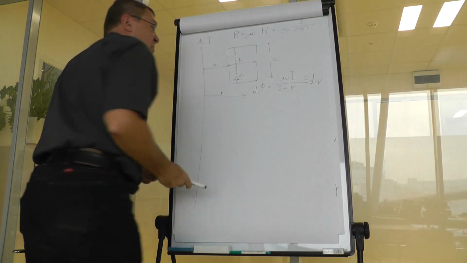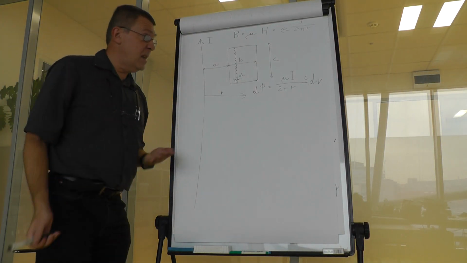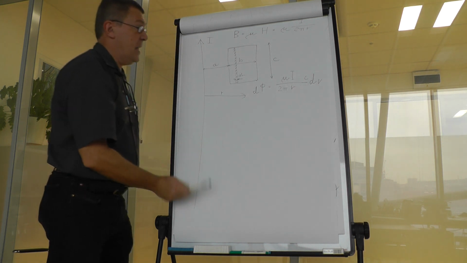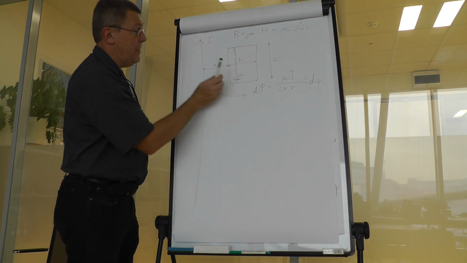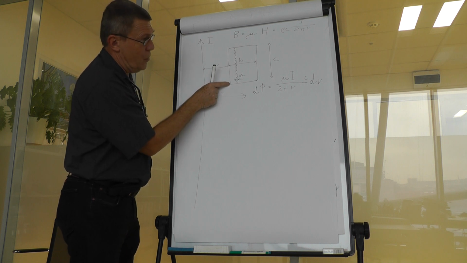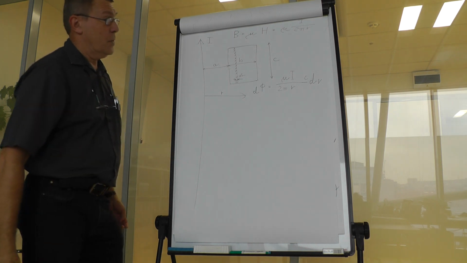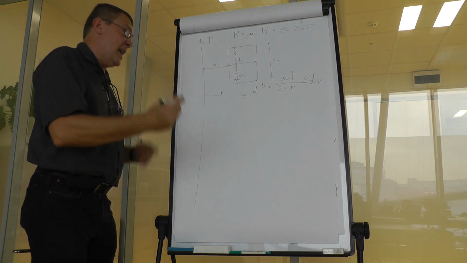Now it's quite simple to get the total flux by integrating this element from this end of the loop, A, to A plus B, which is the other end of the loop. So let's do that.